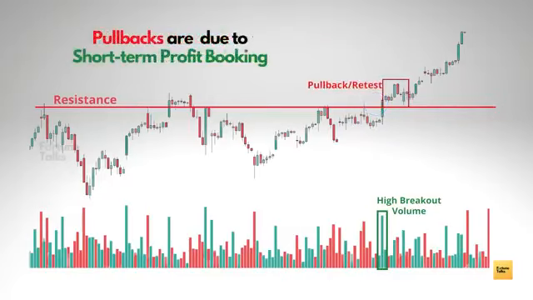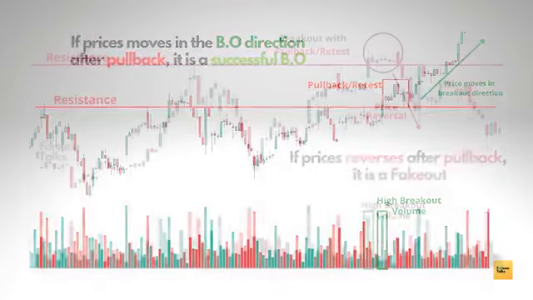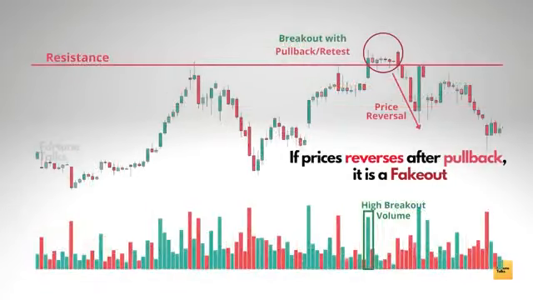This is because the short-term traders will often buy the initial breakout, but they will attempt to sell quite quickly for profit. This selling by the short-term traders will temporarily drive the prices back to the breakout point. Now, if the breakout is legitimate, then the price should move back in the breakout direction after the retest or pullback. And if it does not, it is a failed breakout and the prices would reverse.